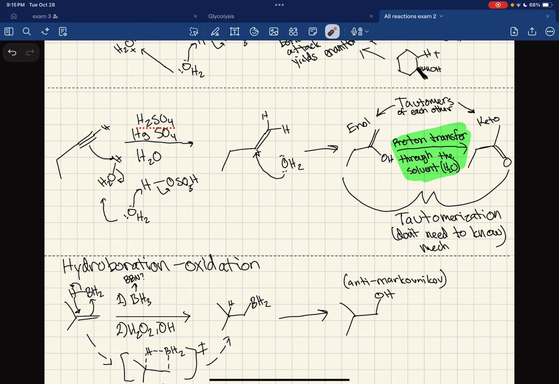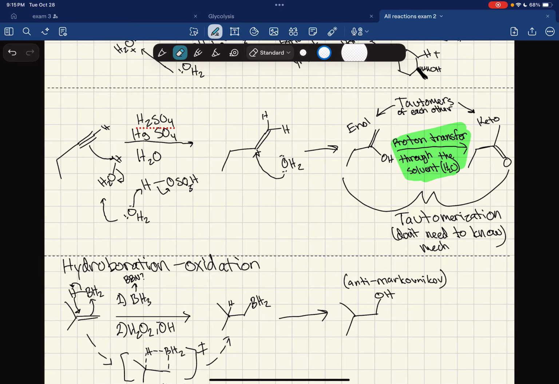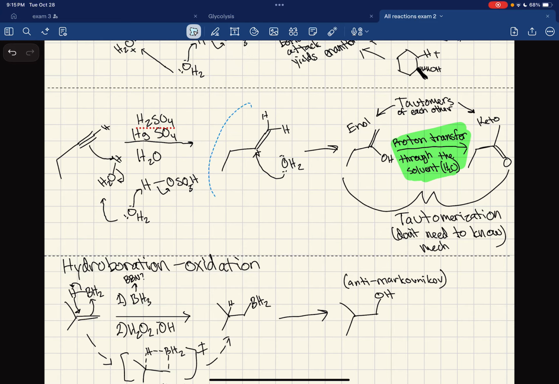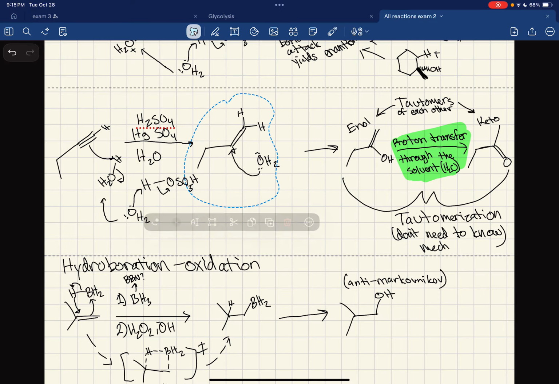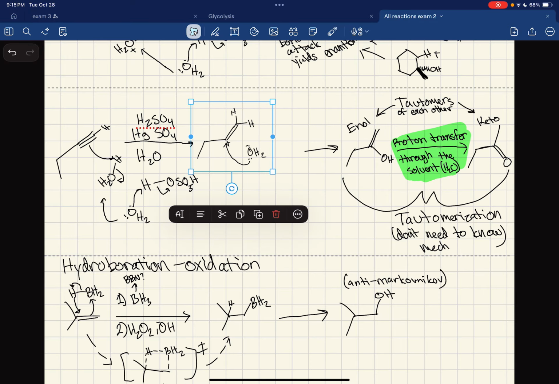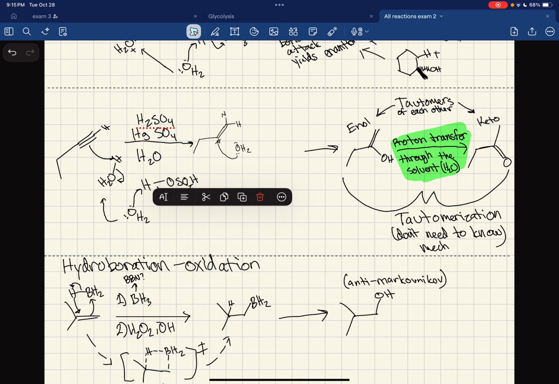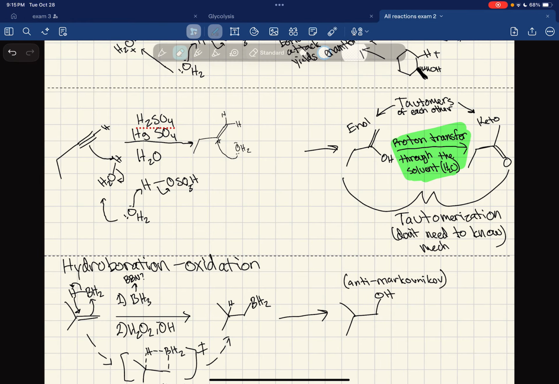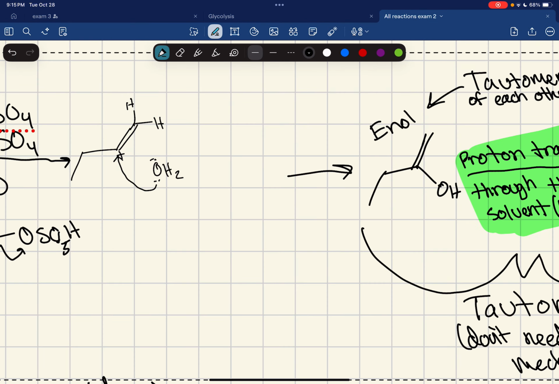I skipped a step right here. My bad. I'm going to just fix it real quick. I'm going to draw small so I can fit it in there, but too small. Too big.